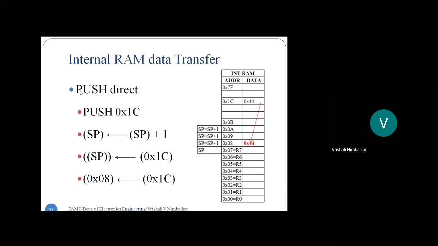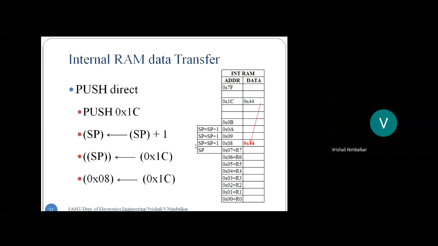So before writing push, I should have written the instruction MOV SP, #70 hex. That means I'm defining my stack at the end, and then I'm writing into it. I'll use push for writing, pop for reading. Okay, students? Now see, when do you need stack memory?